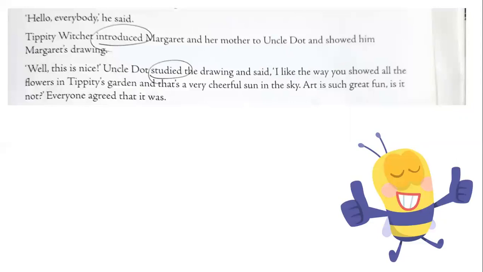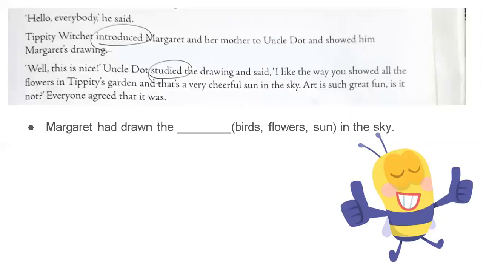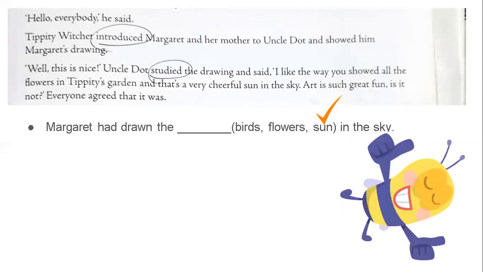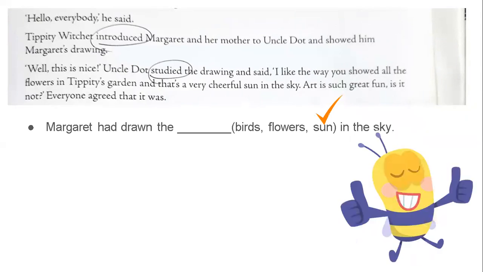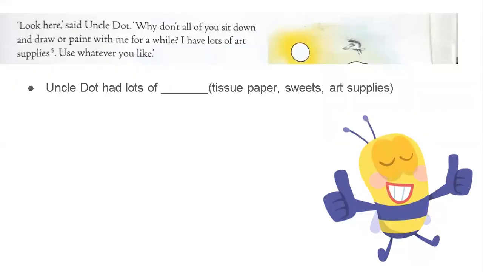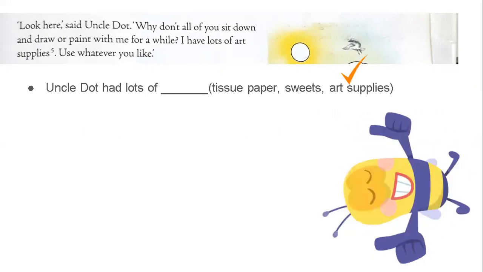Now, here's the next one. Margaret had drawn the birds, flowers, or sun in the sky. Sun. There you go. Next one. Uncle Dot had lots of tissue paper, sweets, or art supplies. Art supplies. There, he's so happy.